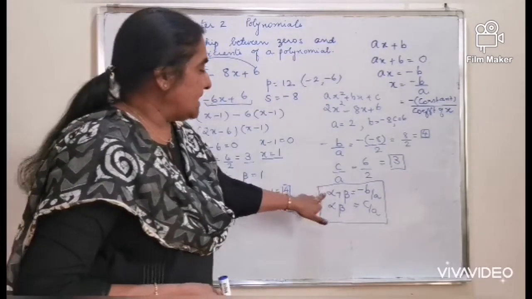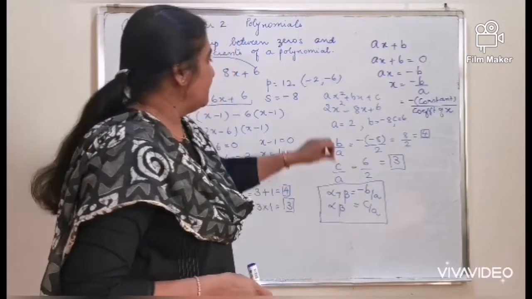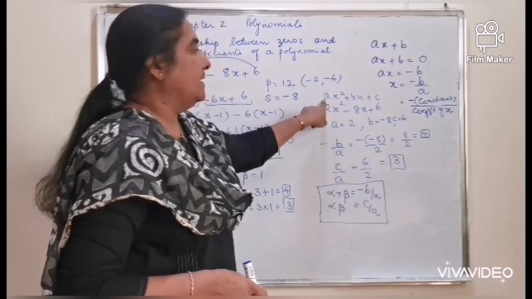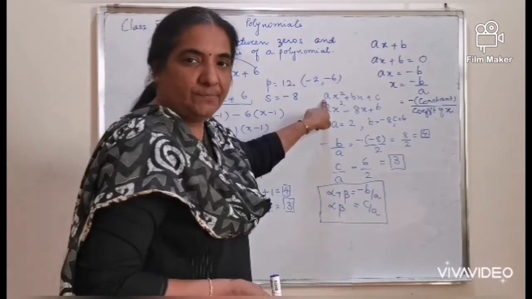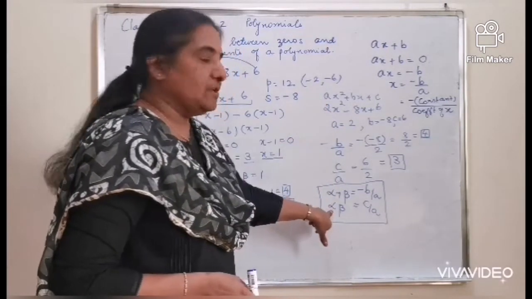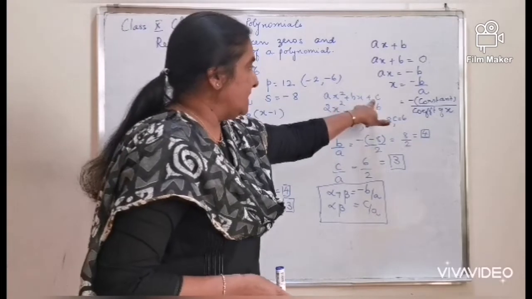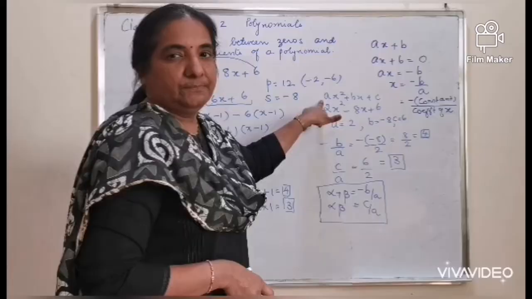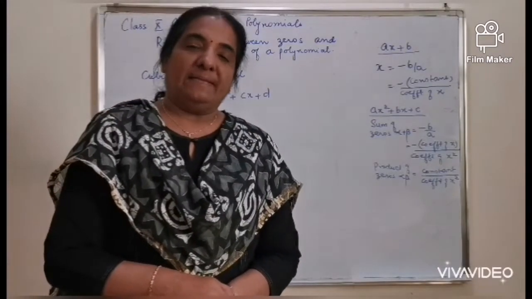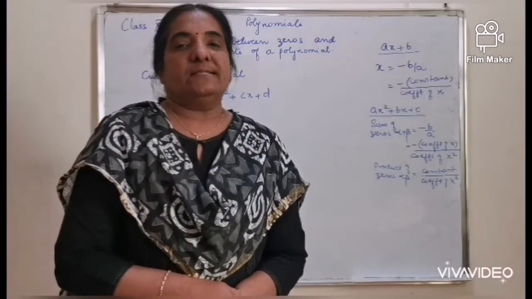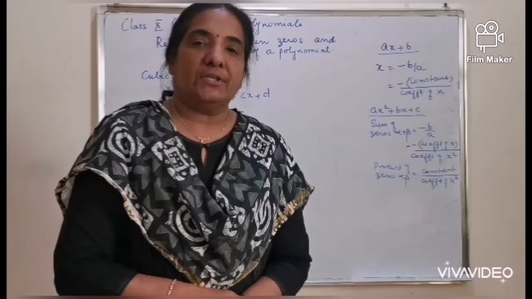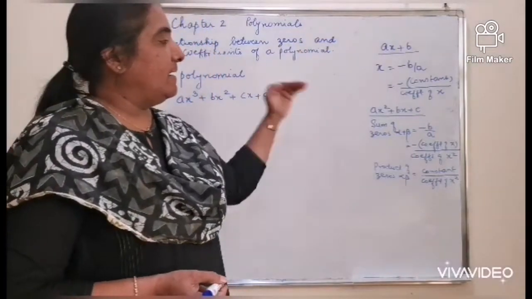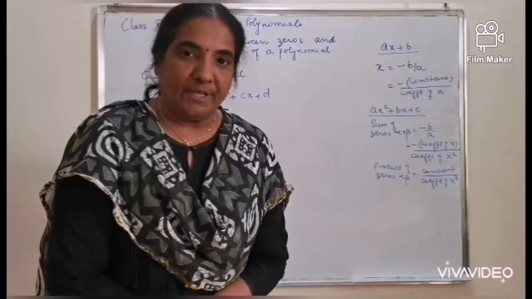That is, the sum of the zeros is equal to minus of coefficient of x by the coefficient of x square, and product of zeros is equal to constant by the coefficient of x square term. So what will be the relation between the zeros and coefficients of a cubic polynomial?